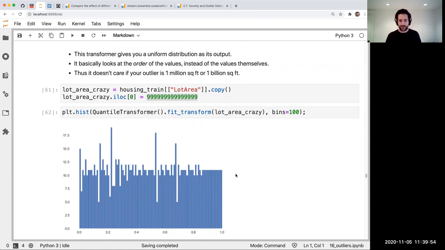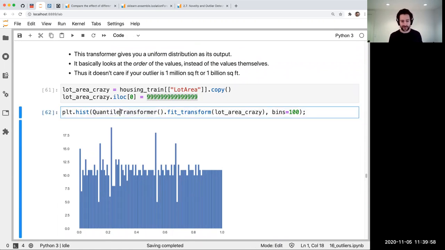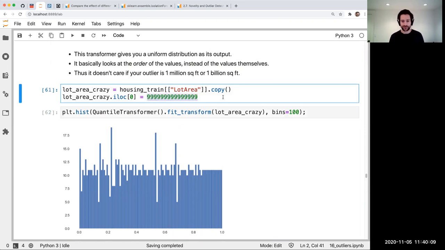I think it is probably less commonly used than all these other scalers, and I don't have like a slam dunk use case to tell you right now, except that it will completely ignore the size of the values, which might be a good thing, especially if you have big outliers.